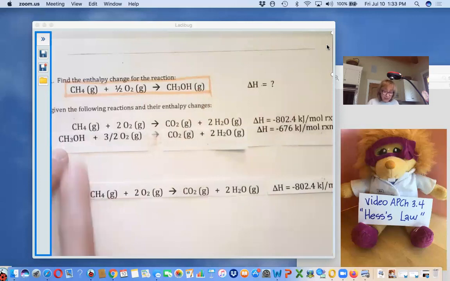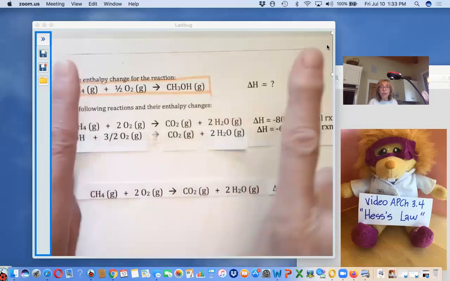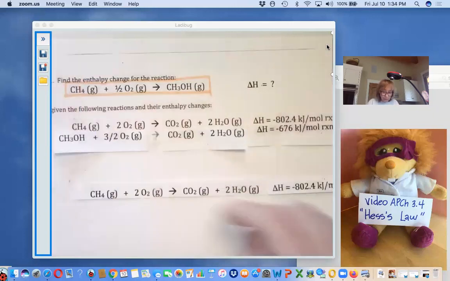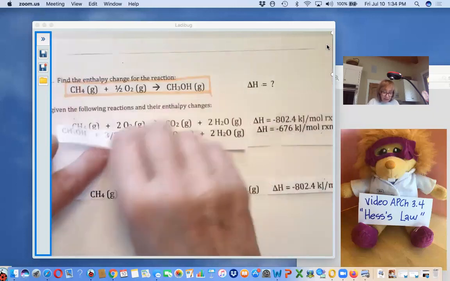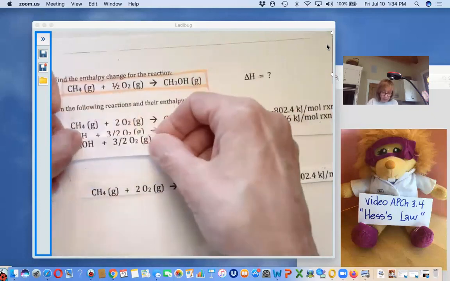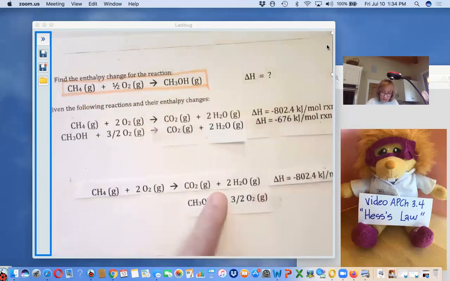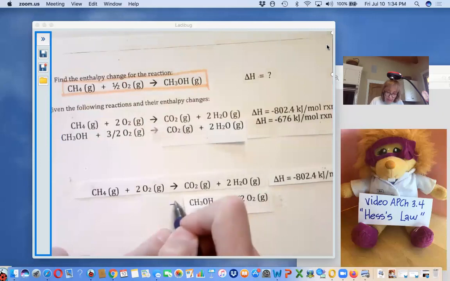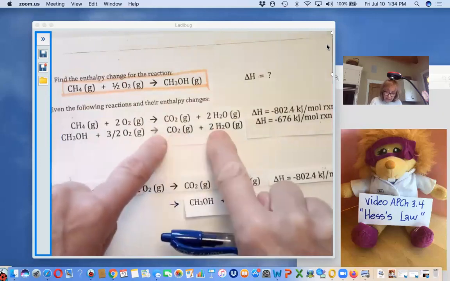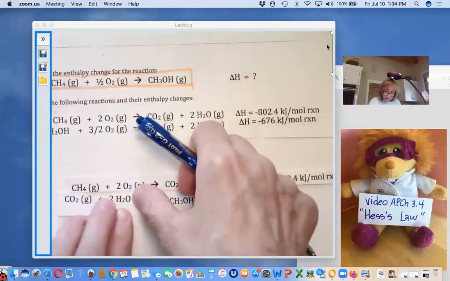But I do see that my second equation has methanol as a reactant. So what I'm going to do is take this equation and reverse it. I'm just going to flip it so that the methanol piece, along with the 3/2 O2, is going to become a product, and the 2 products will be my new reactants.